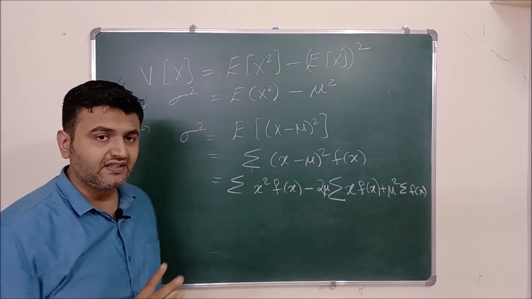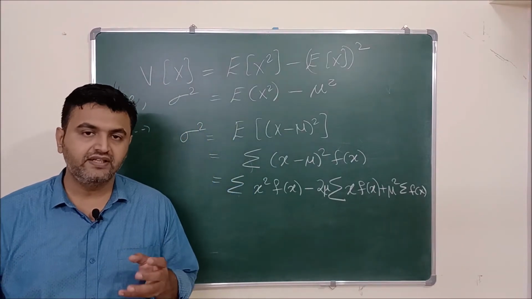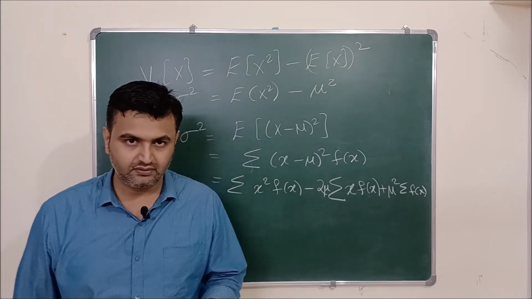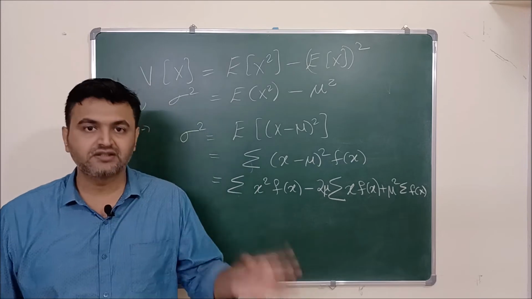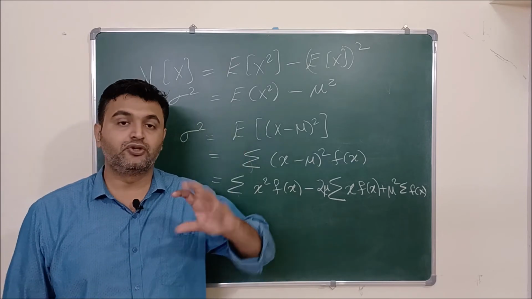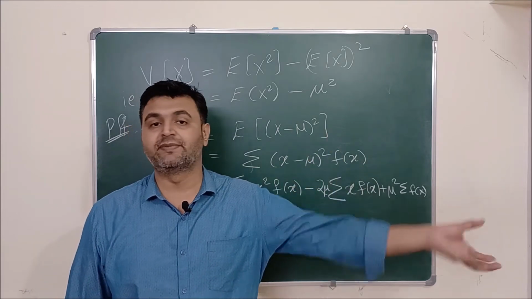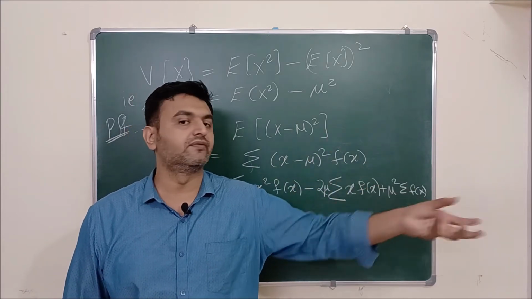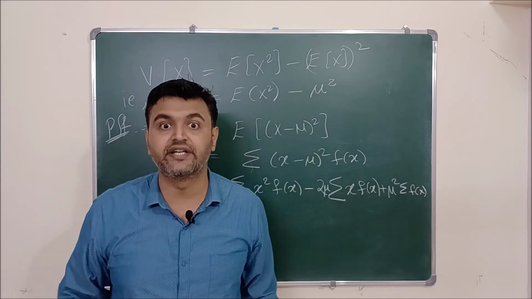It is one of the very nice results people use widely. Because if you want to find variance, you have x, then you find the expected value e of x, then you do x minus mu for all x, then x minus mu whole square for all x, and then you find its expectation, x minus mu square into f of x, and then sum it up, which is a kind of long process if you have huge data.